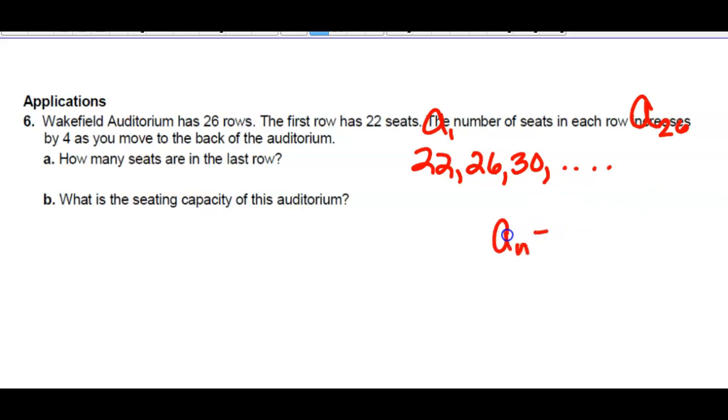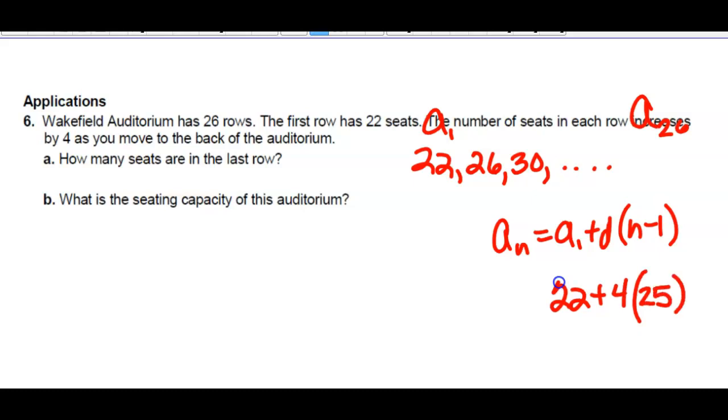So it's arithmetic. So we're going to take the first term, add 4 seats 25 times, because 26 minus 1. So this would be 122 seats in the 26th row.